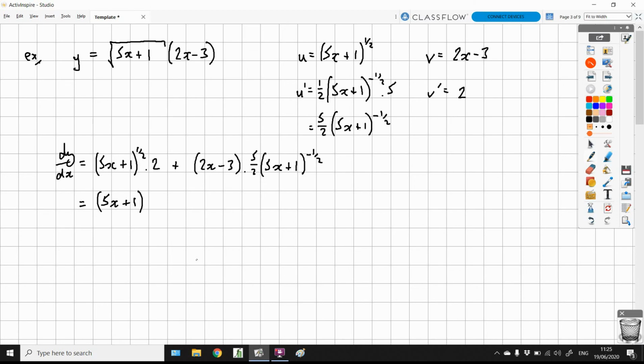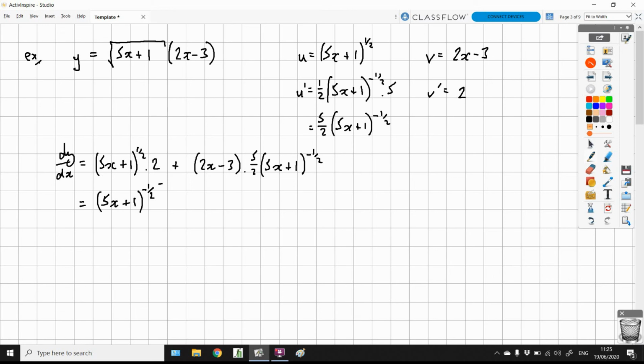The general principle that I want to give you is that you should use the most complicated common factor that you possibly can. And I would argue that a power of negative a half is more complicated than a power of positive a half. Use the most complicated common factor that you can find.